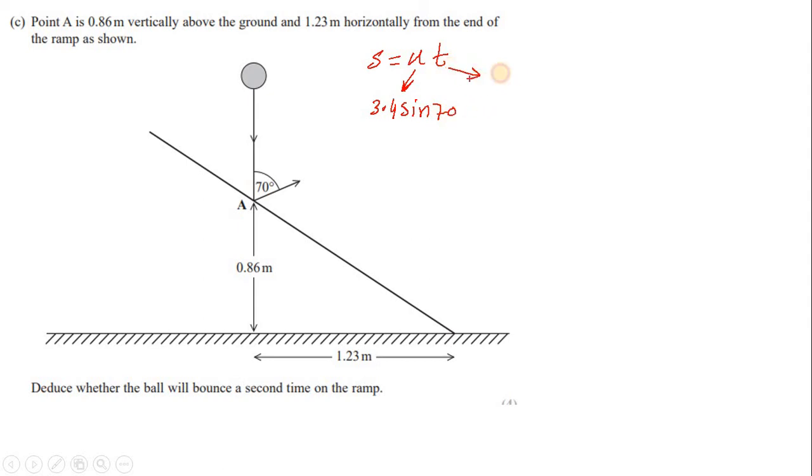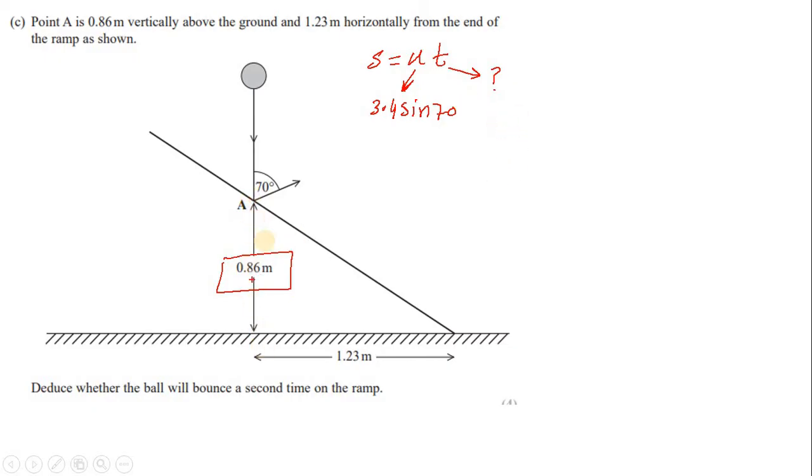And t, we don't have t. That means before finding the horizontal distance we need to work out the time. We are going to use the vertical height to find the time, and this time can be used in this equation, and then we will compare.